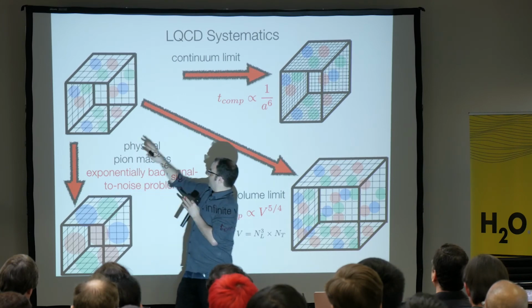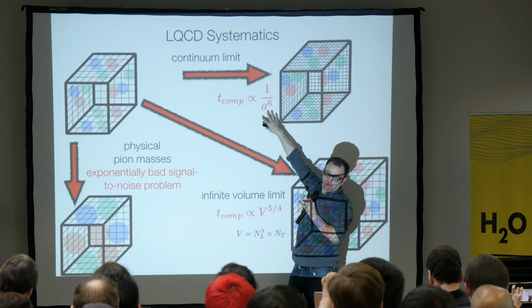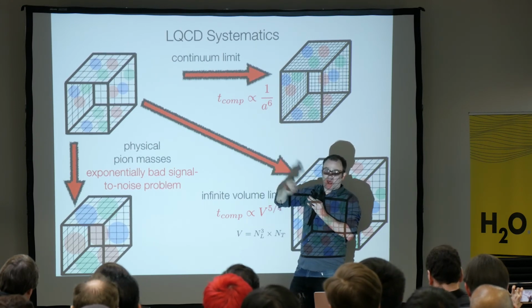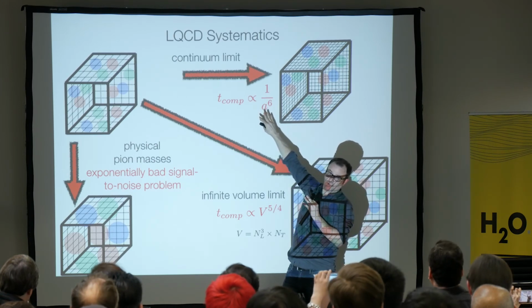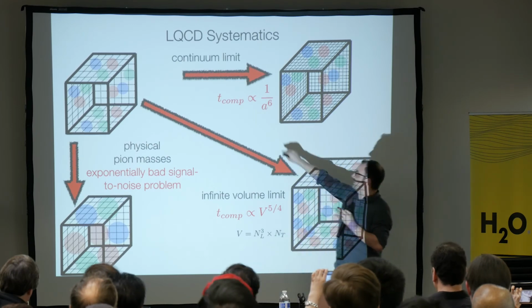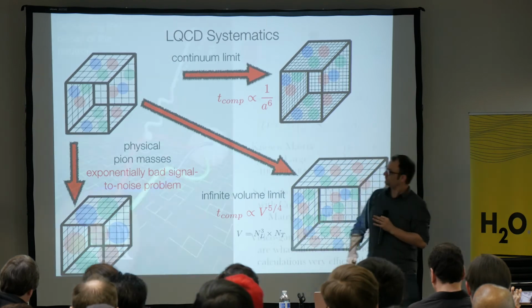And the problem is, as you try to make the distance scale smaller, it goes like 1 over a to the 6th power. So if you make a half as big, it costs 64 times more computing. So that's where the cost comes in. That's a tremendously terrible scaling, but that's the absolute best we can do.